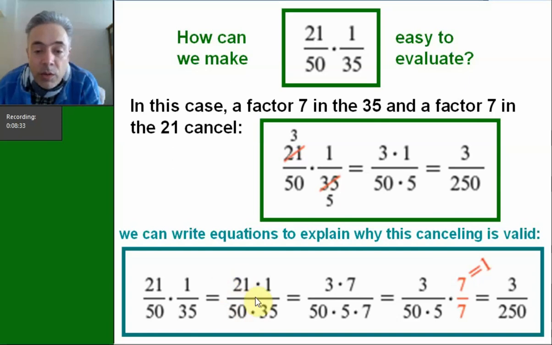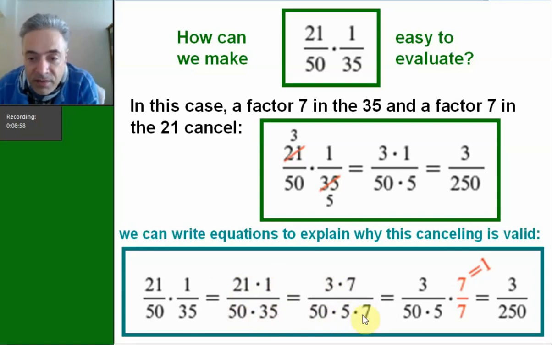Here, 21 is equal to 3 times 7, and 1 doesn't change anything, because if you multiply by 1, it keeps the same value. So I'm just going to substitute 21 by 3 times 7, and 35 by 5 times 7, which would be 35.